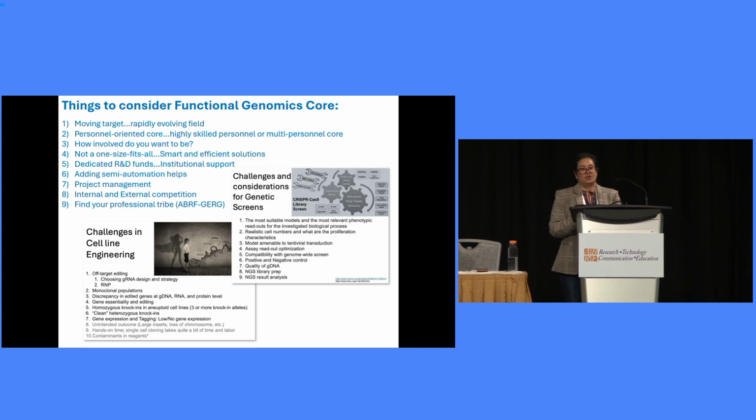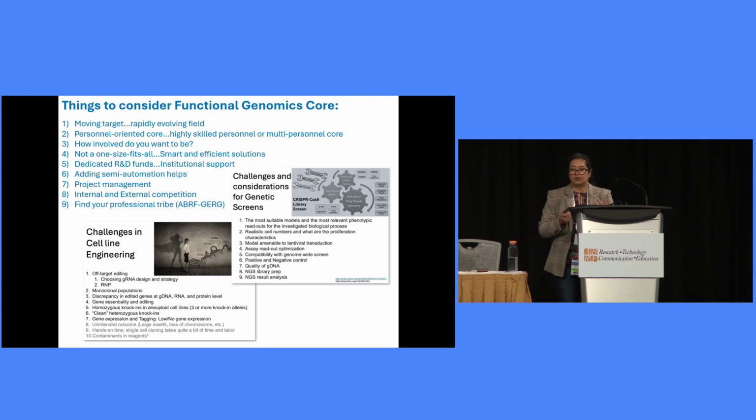How involved do you want to be? Do you have the resources to do it all? Or if you are a small enterprise, it's okay to just provide reagents and say, we are here to help, but you do the experiment because you are the expert in your cell line, in your disease model, your drug. So that is another consideration that you want to keep in mind.